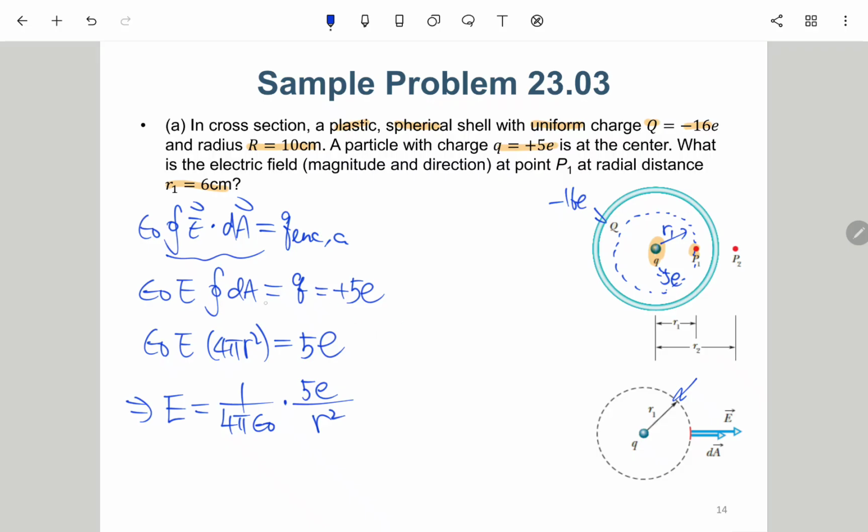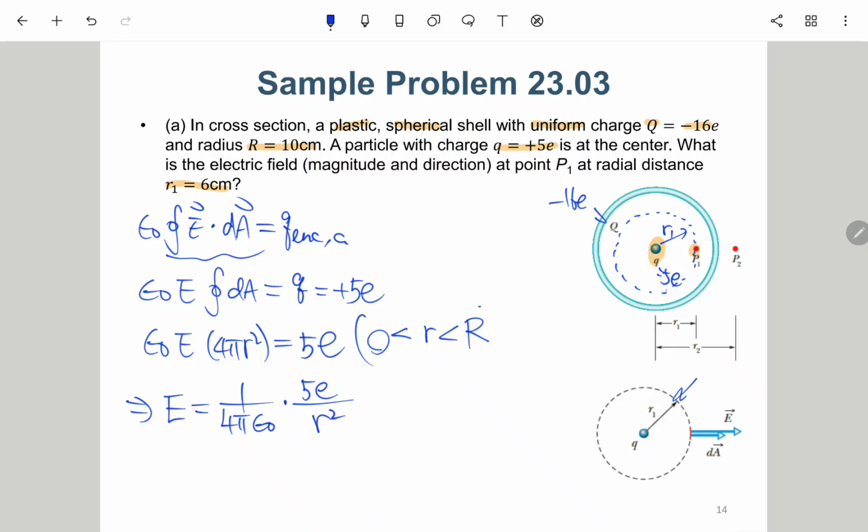So here, this one is actually correct if R is smaller than or equal to capital R and larger than 0.